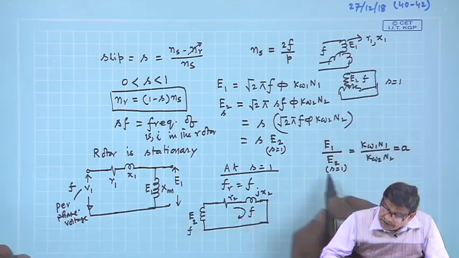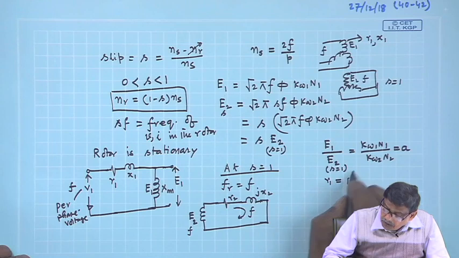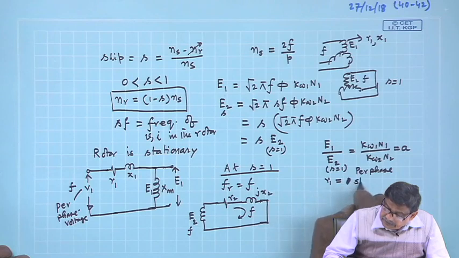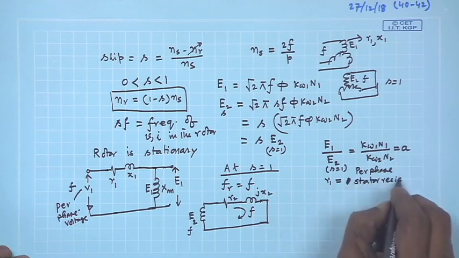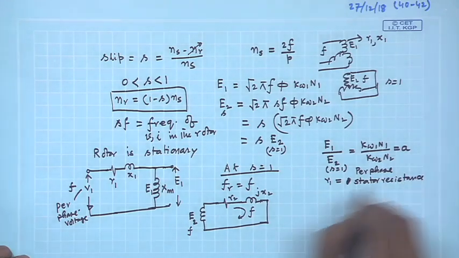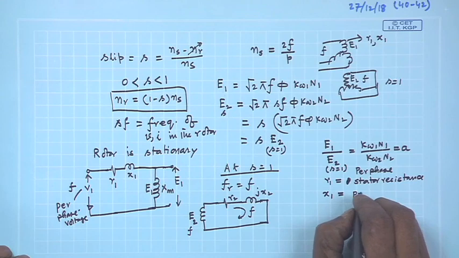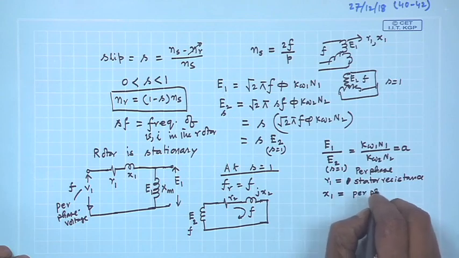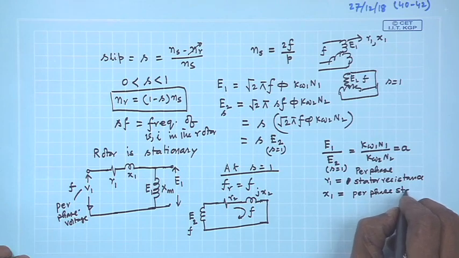So, let me write: R1 is the per phase stator resistance. X1 is the per phase stator leakage reactance.